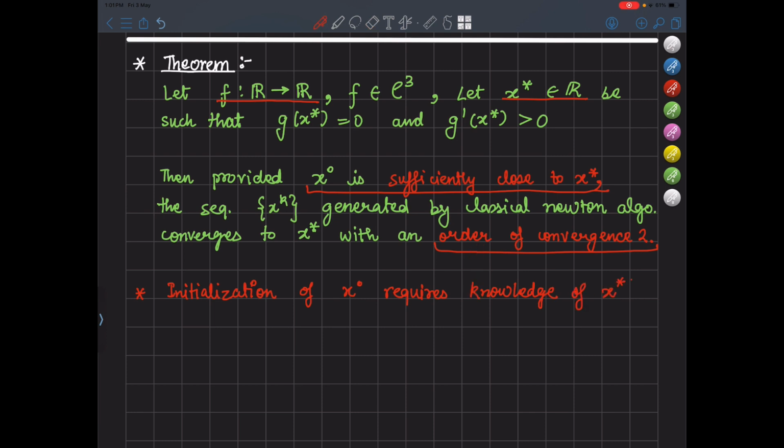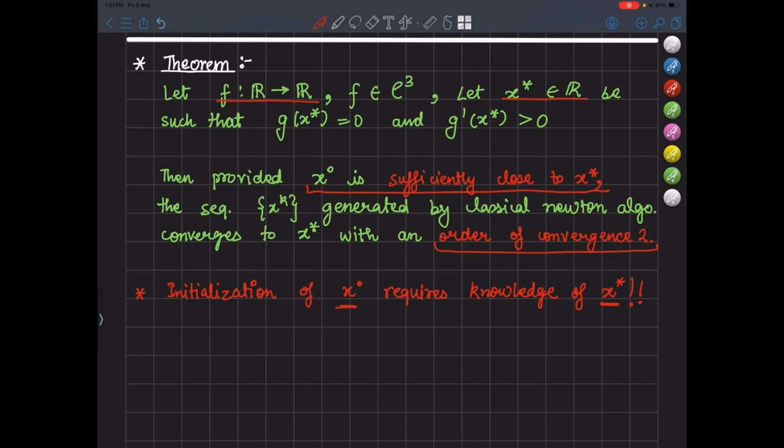So to ensure that the algorithm converges, to choose such a point x naught, you already should know where x star lies, which is counterintuitive. If you already know x star, why are you optimizing anyway? So this is the problem with Newton's algorithm.